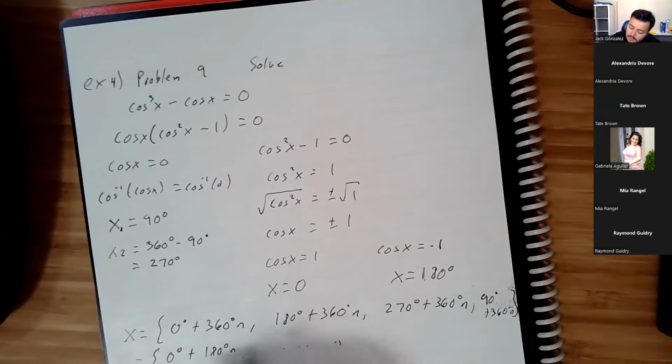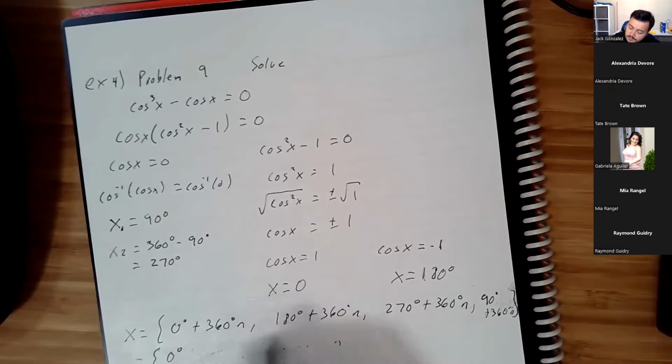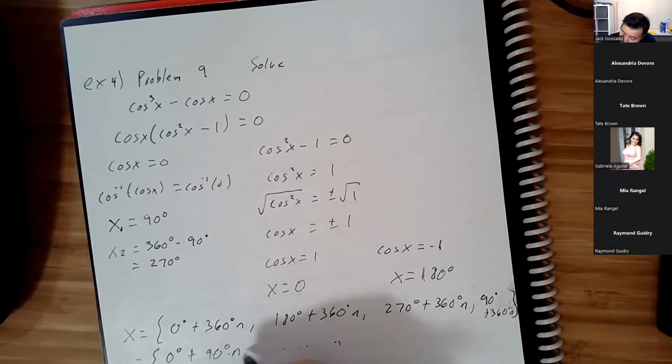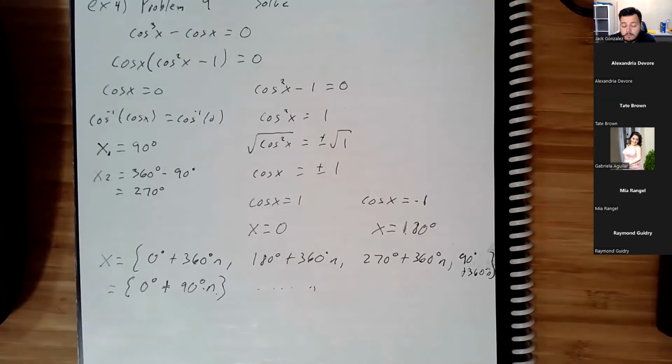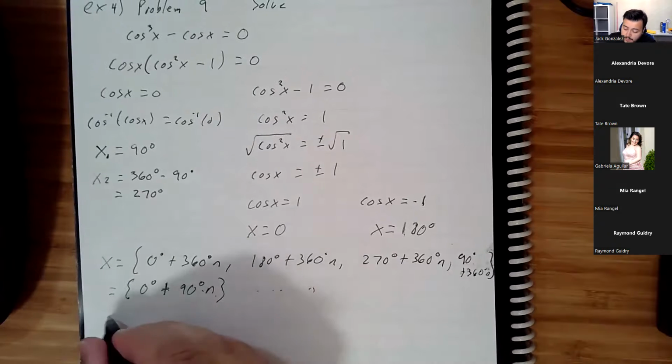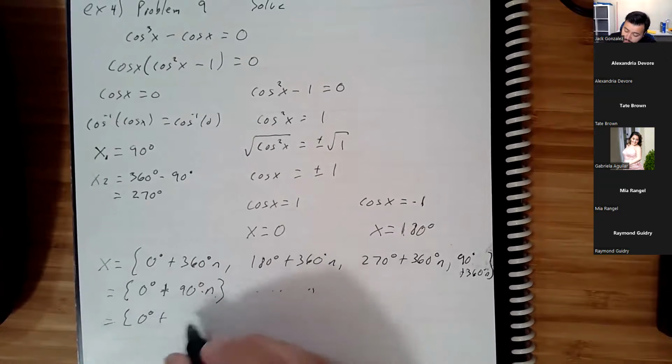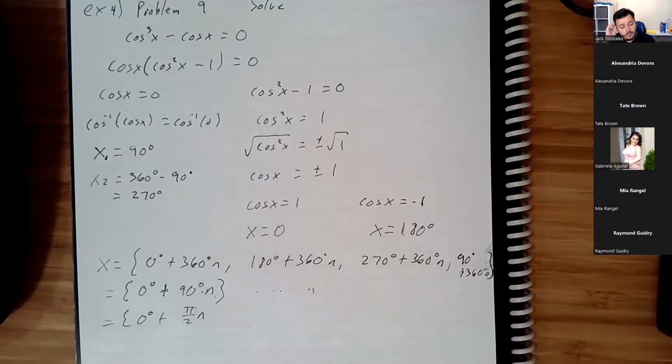So we can combine all this into a simple 0 degrees plus 90 degrees N. Or 0 degrees plus pi over 2 N. That should work.